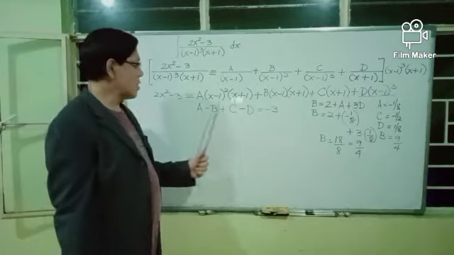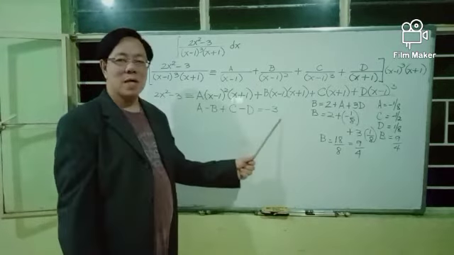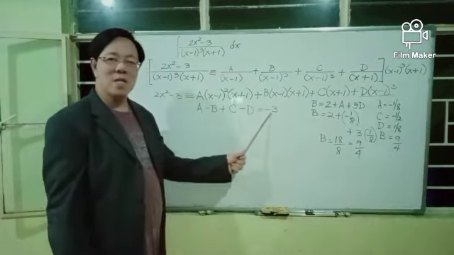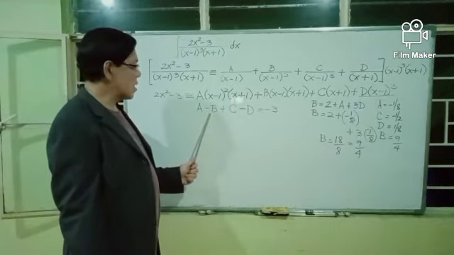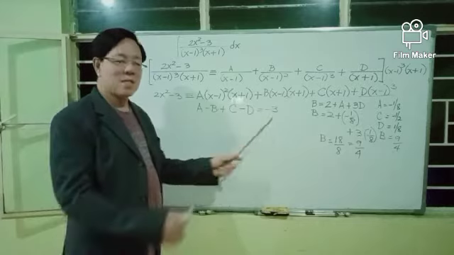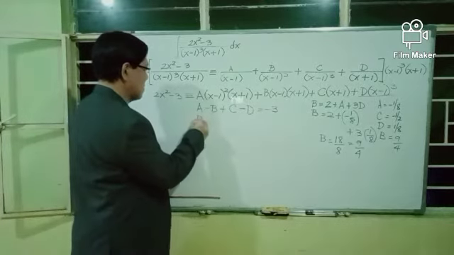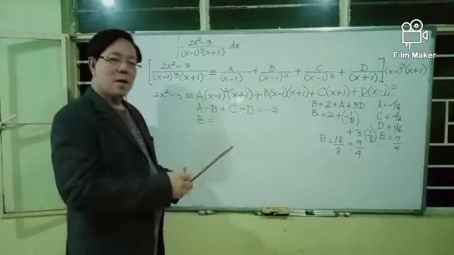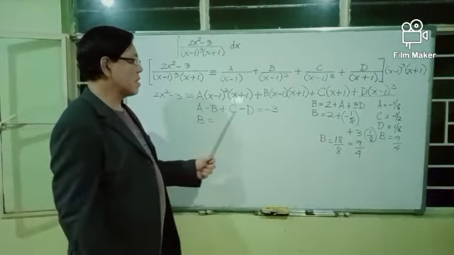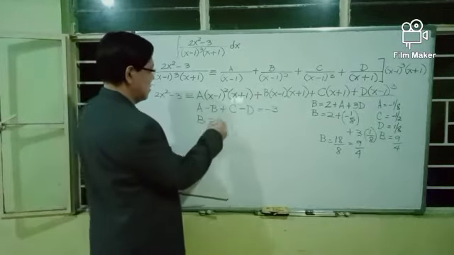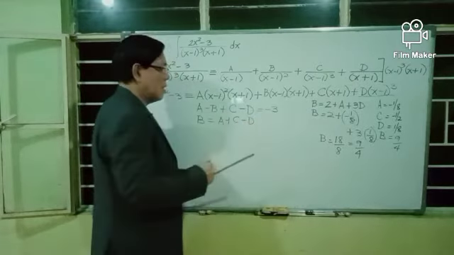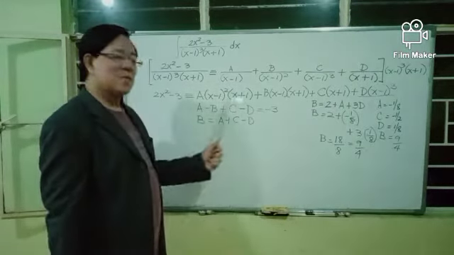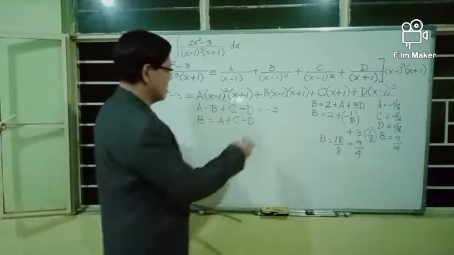It's easier if we transpose negative b to the right hand side and we transpose negative 3 to the left hand side. If we do that, we transpose negative b to the right hand side, we get positive b. At the left, we have a plus c minus d. And negative 3, we transpose to the left, we get plus 3.